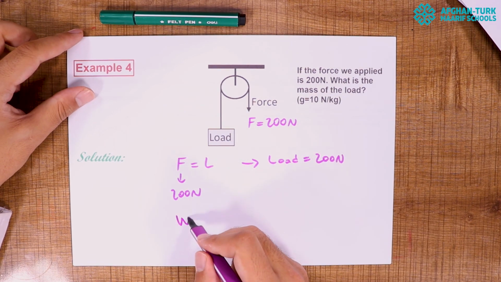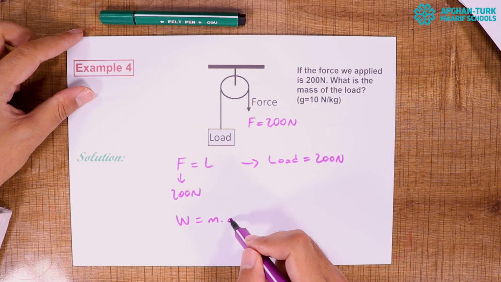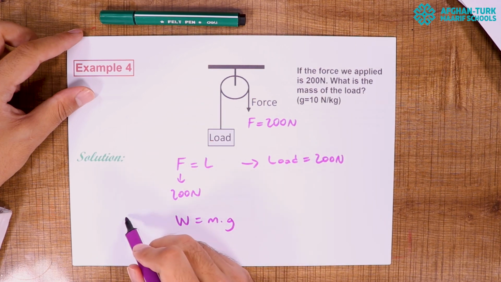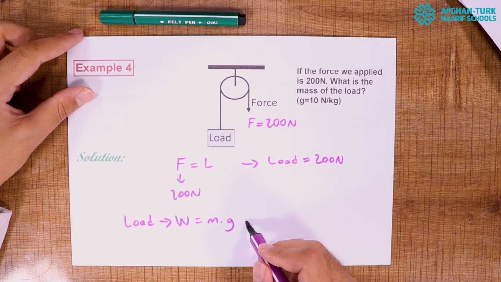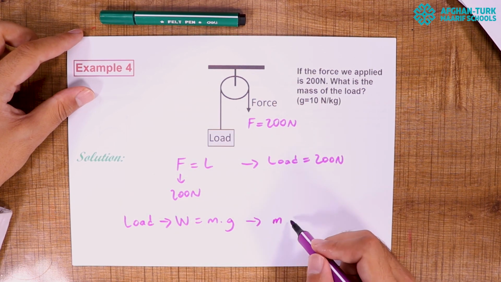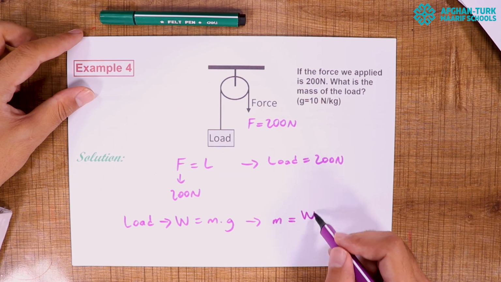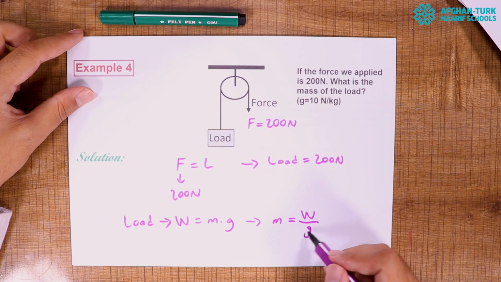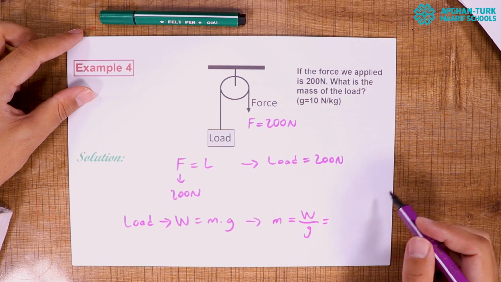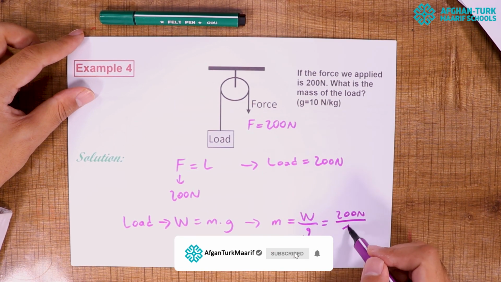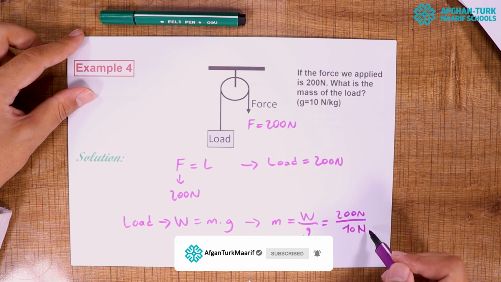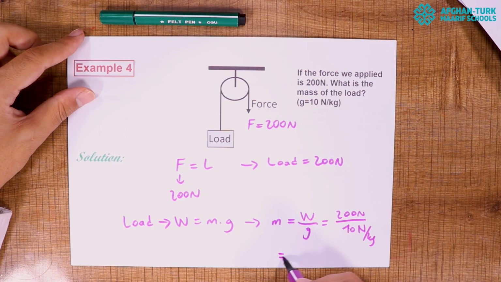Again, weight is equal to mg, and weight is equal to load here. So I'm looking for the mass. Mass is equal to weight divided by g, the gravity, and that is equal to 200 Newton divided by 10 Newton per kilogram, and that's equal to 20 kilogram.